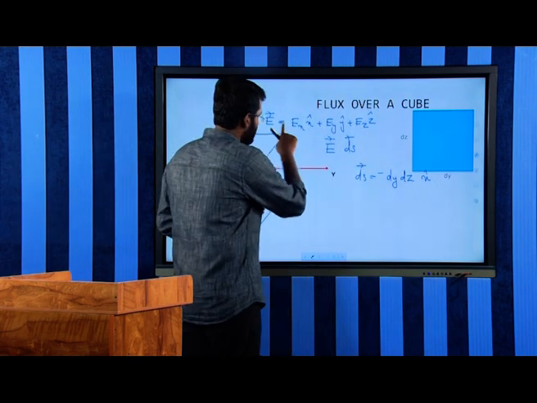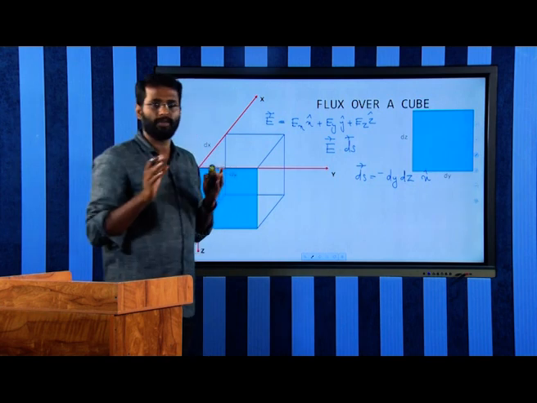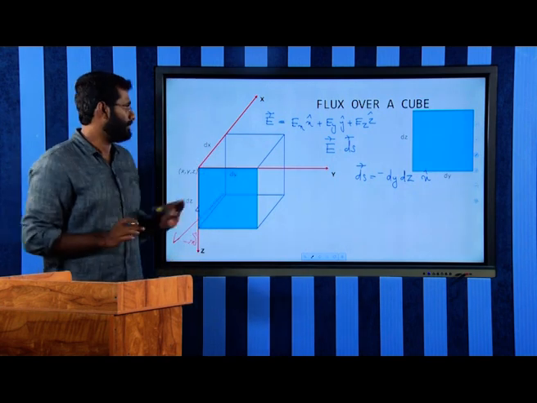Now we have defined E, and we have ds, so we are going to find E dot ds only for the front surface.